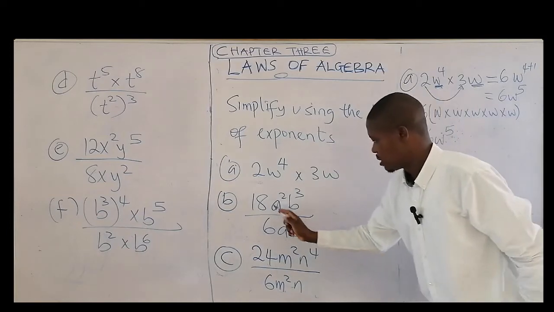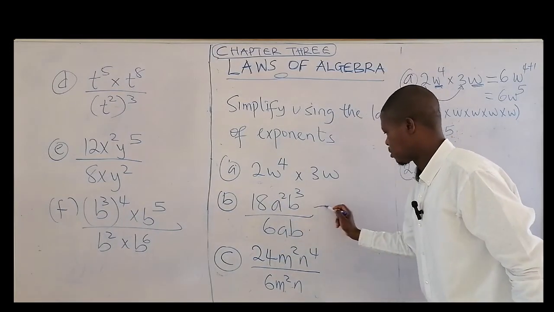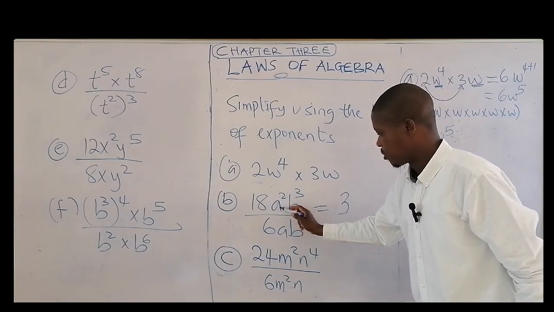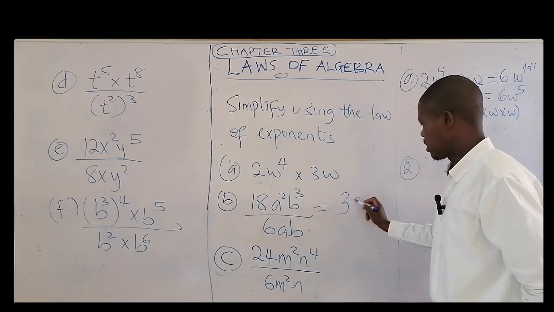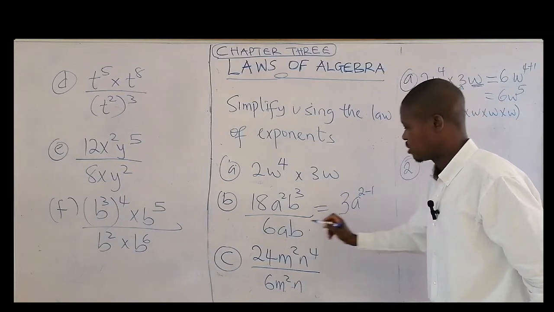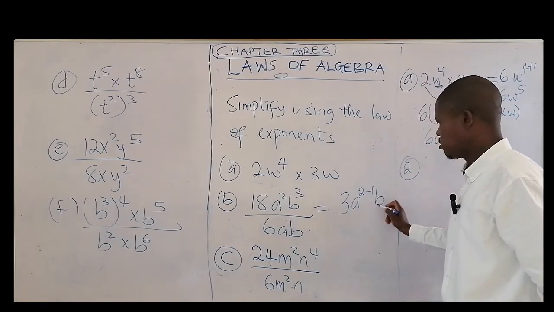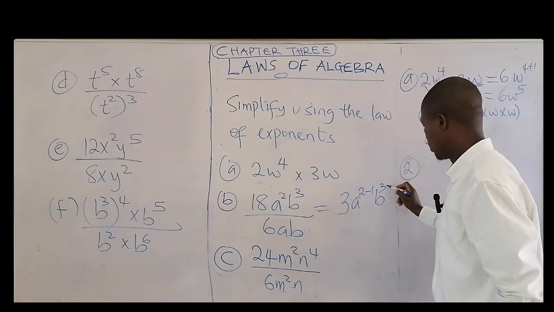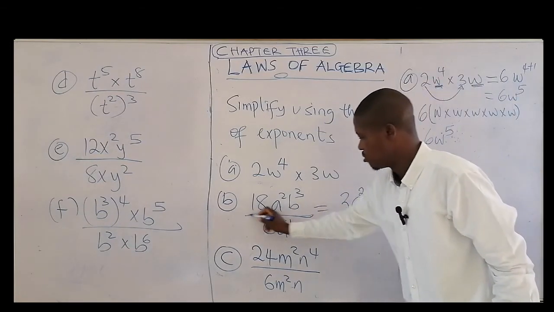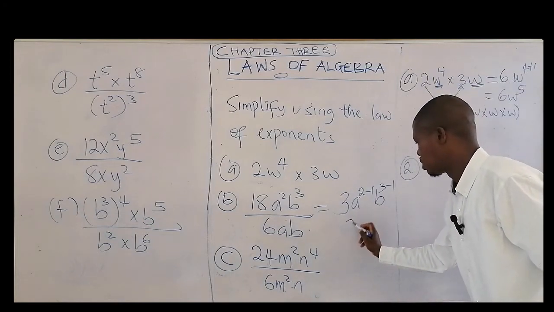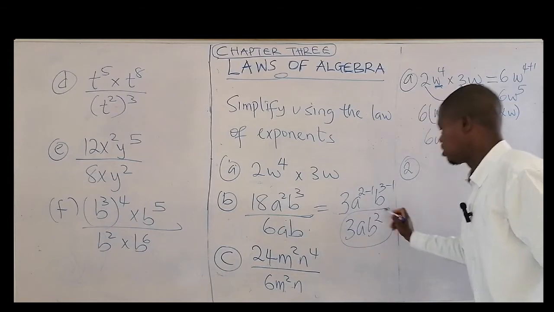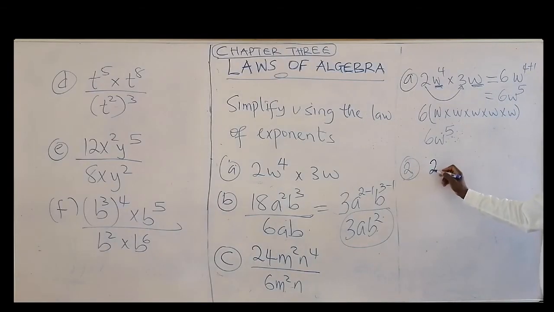Number 2. Here, 18 over 6, that's 3. We have 2 of this here, we have 1 of this here, so it will be a to power 2 minus 1. This one is having power 1, then b to power 3, this is having power 1 also, minus 1. Apply the law of division. So this will be equal to 3a b to power 2, 24 plus 6.